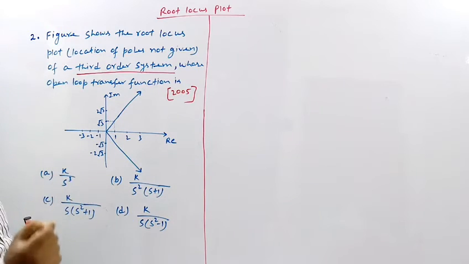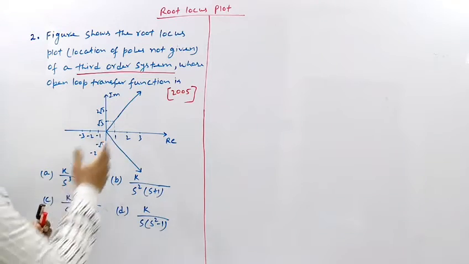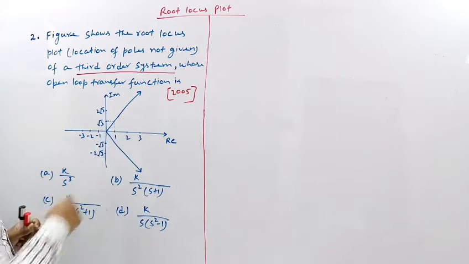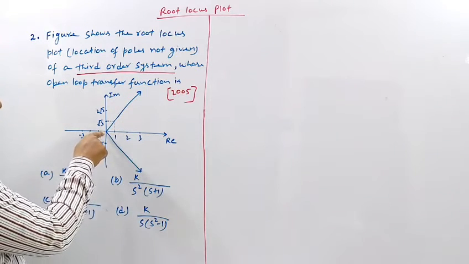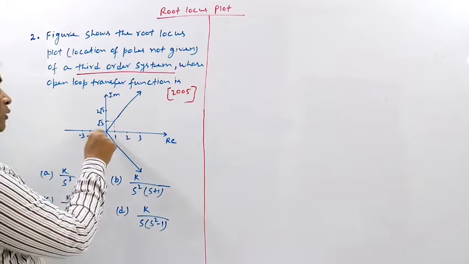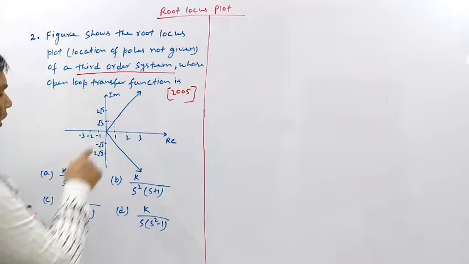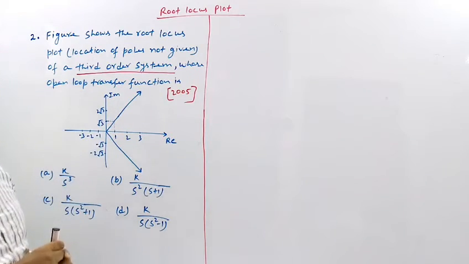Again, one thing is obvious from this root locus, that two branches of the root locus start from s equal to 0. That means there are two poles lying on the origin at s equal to 0.